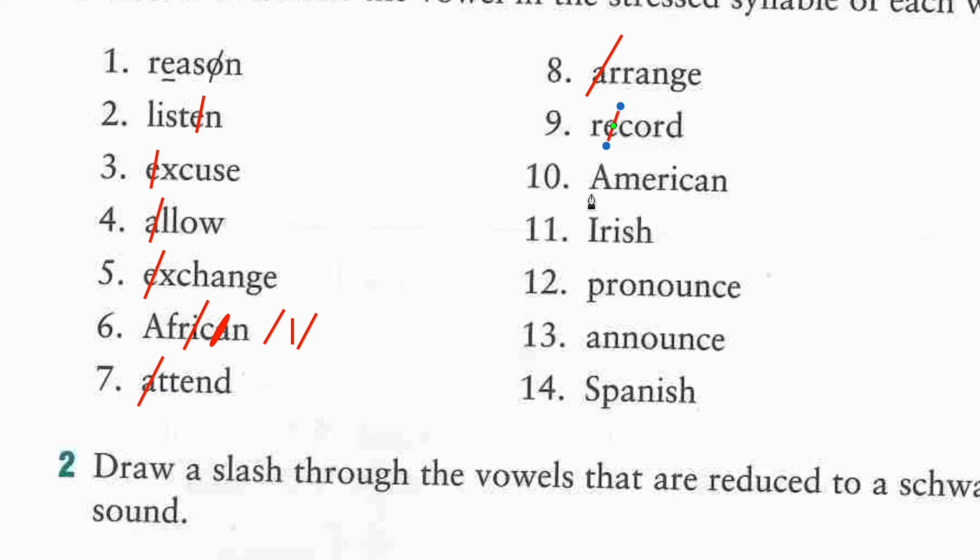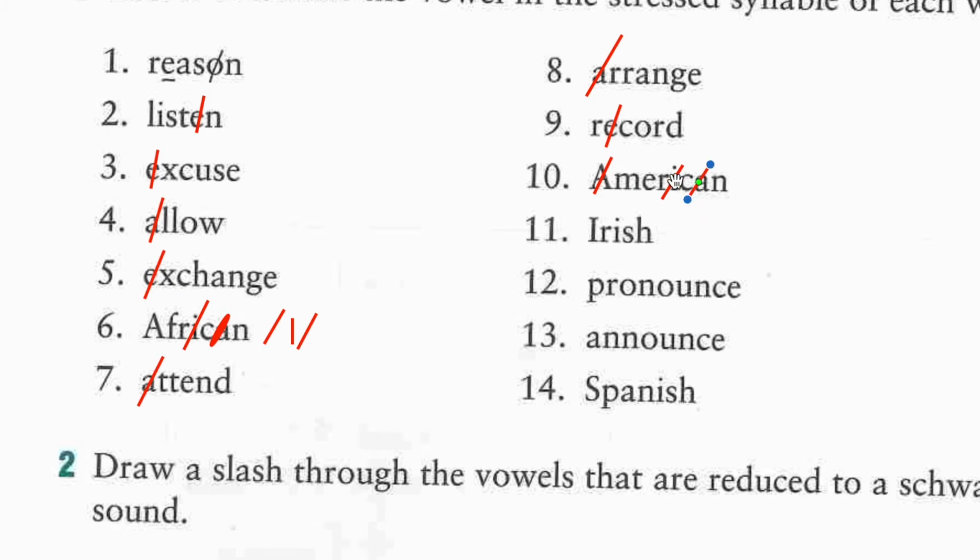Okay, number 10. American. Now once again, much like we had with number 6, we can hear it in a couple of different places, but you can also pronounce the word differently. We can use it in 3 different places in this word.